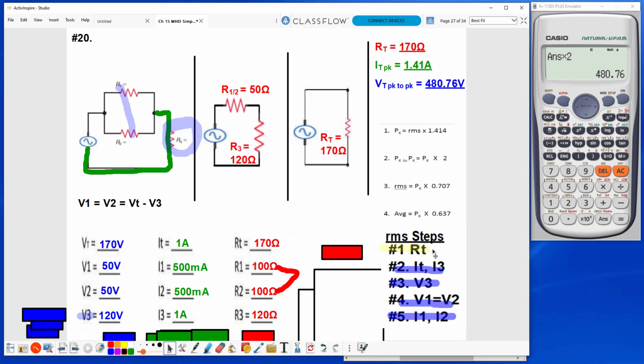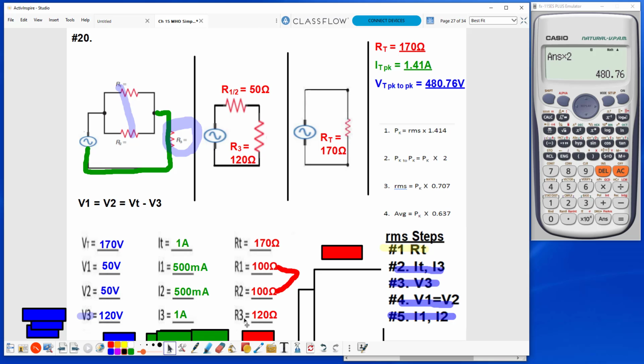So the first thing we did was find RT by combining R1 and R2 using our reciprocal formula. That gave us 50 ohms. We took the 50 and the 120, we got our 170. The next thing we did was we found IT by dividing the VT by RT. That gave us our IT of 1 amp. And we understood that IT and I3 would be the same because I3 is on the main branch right here.